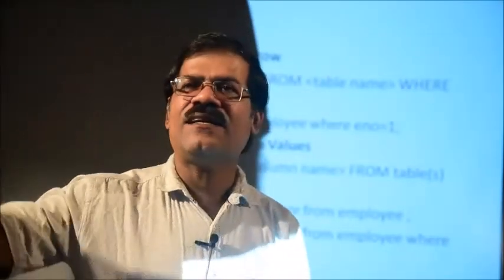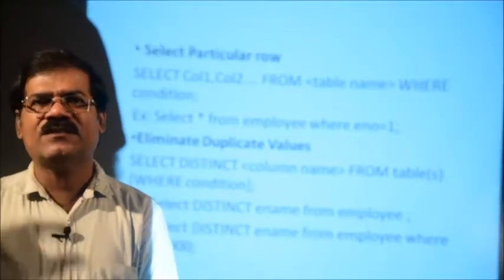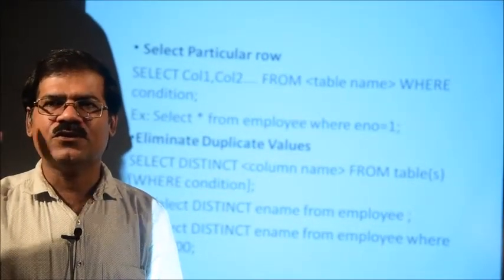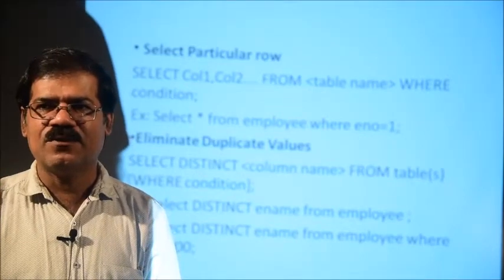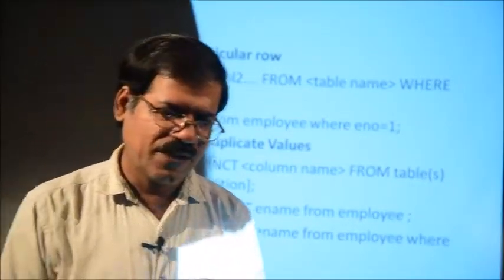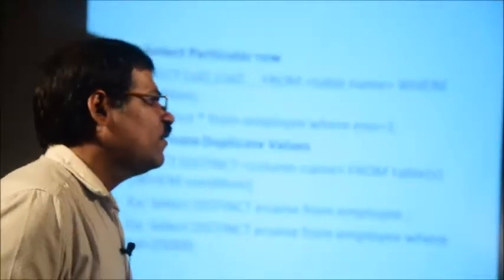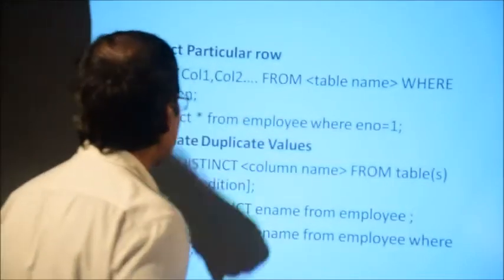Those whose salary is 10,000 or more, their detailed record will be selected from the table and displayed on your screen. Those whose salary is less than 10,000 will not be fetched and not shown on the screen. By providing the condition, you can select particular rows.